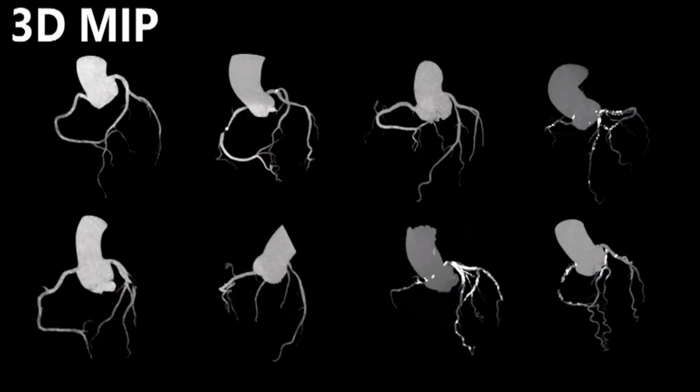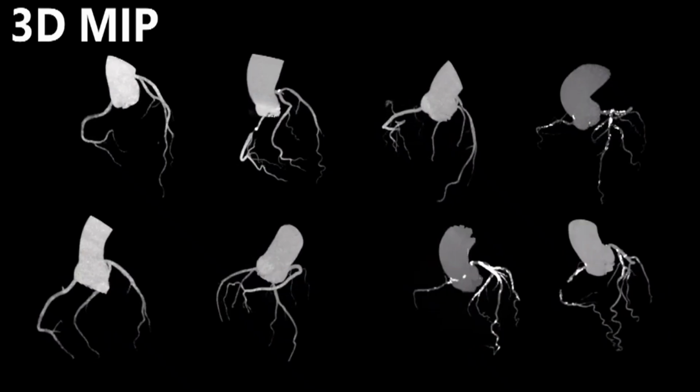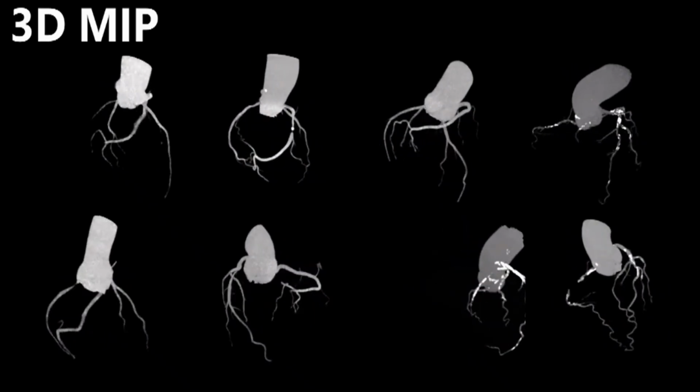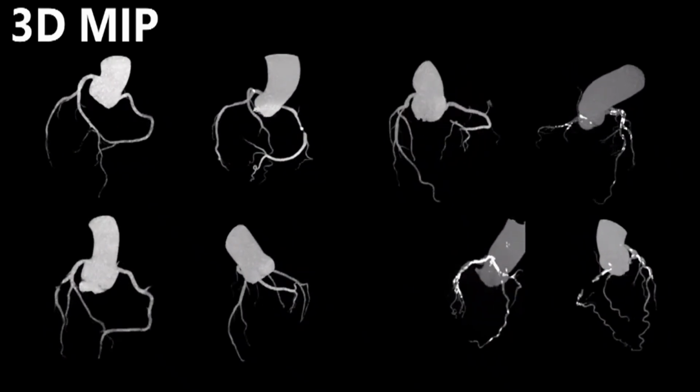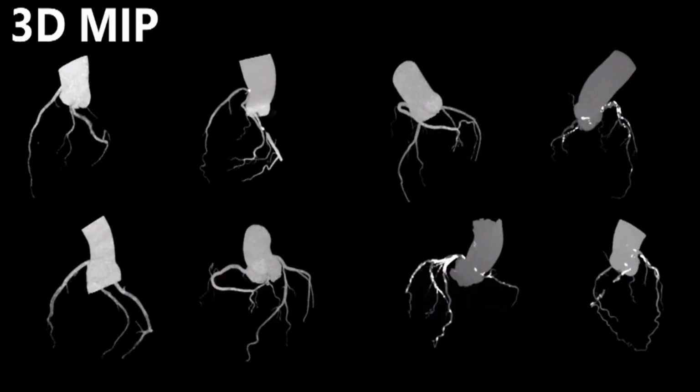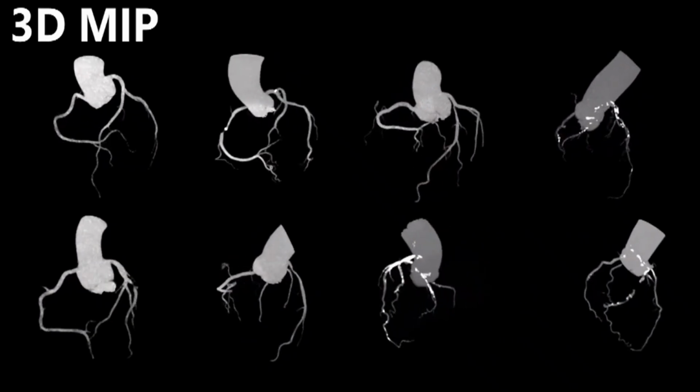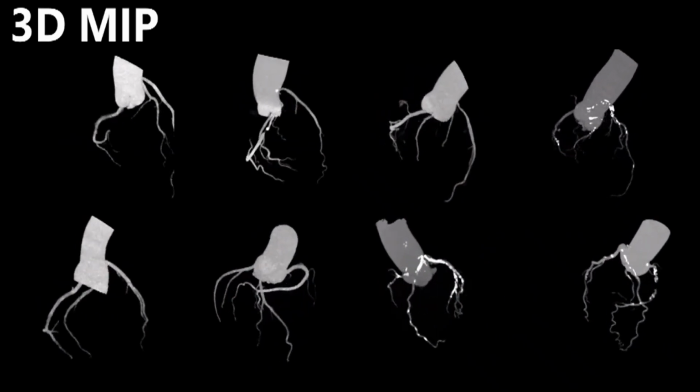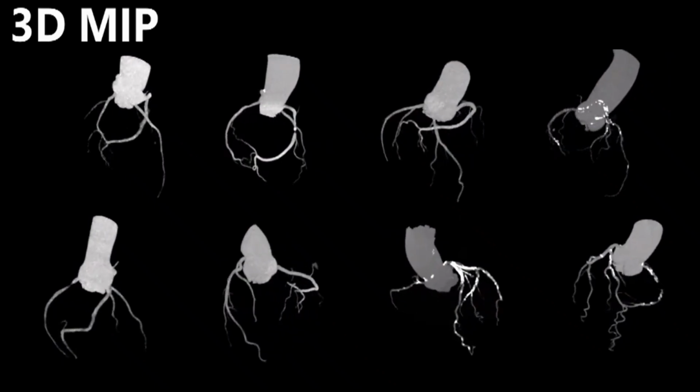Another advantage is the ability to rotate the data set freely. And here you can see different vessels with different levels of complexity. From the upper left side over here, we don't see any significant stenosis. Here you can clearly see the RCA obstruction.